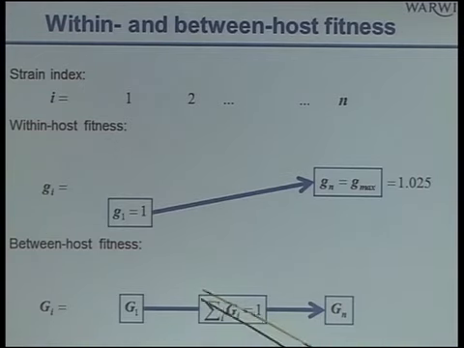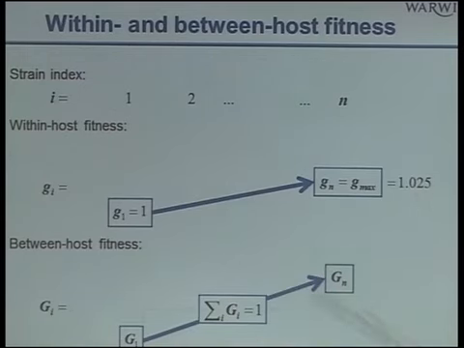Yeah. And then the between host transmissibility, I keep fixed the mean, and I assume that the different strains can have a different transmissibility, with a 5-fold difference between the best one and the worst one at doing that.